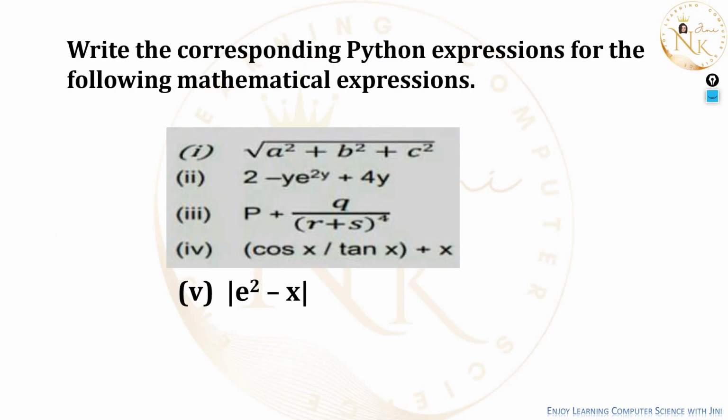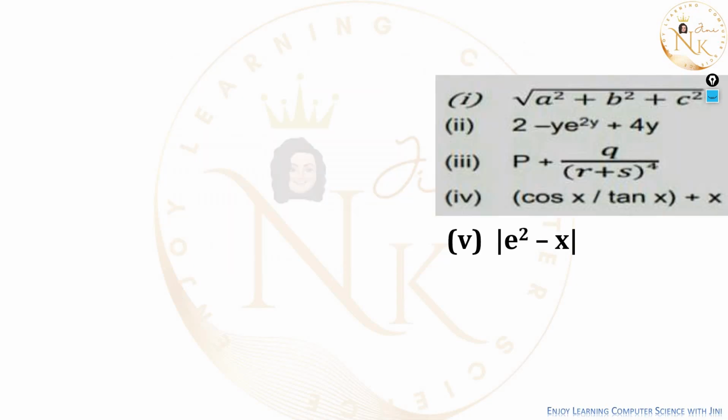Now let's see some mathematical expressions. You have to write the Python expressions for the given mathematical expression, one by one. First, the square root of a square plus b square plus c square. So first import math.